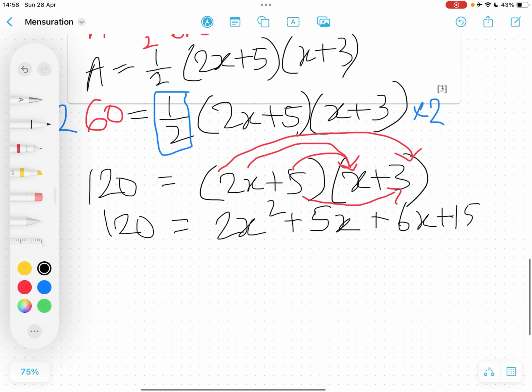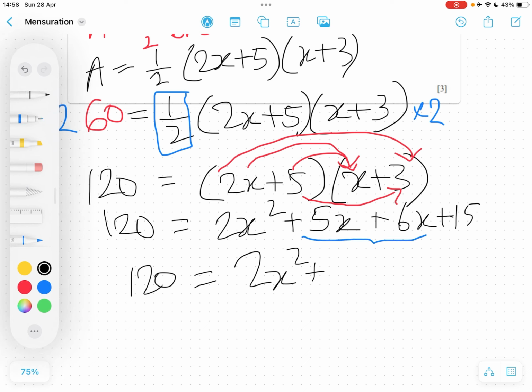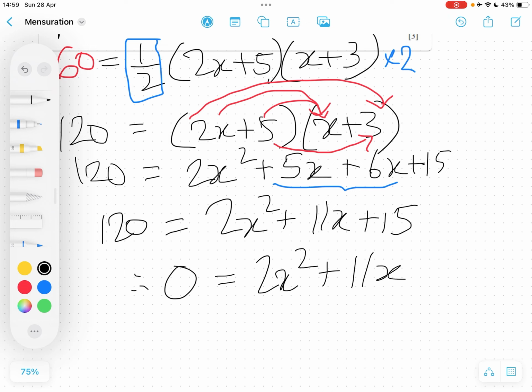So 120 equals 2x squared plus, let's collect like terms here, 5x plus 6x is 11x, plus 15. And therefore, if we subtract 120 from both sides, we get 0 is equal to 2x squared plus 11x.